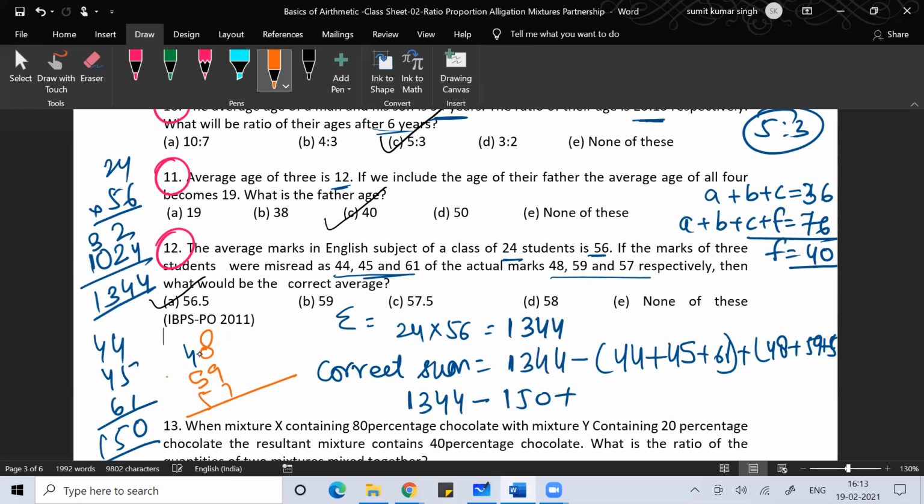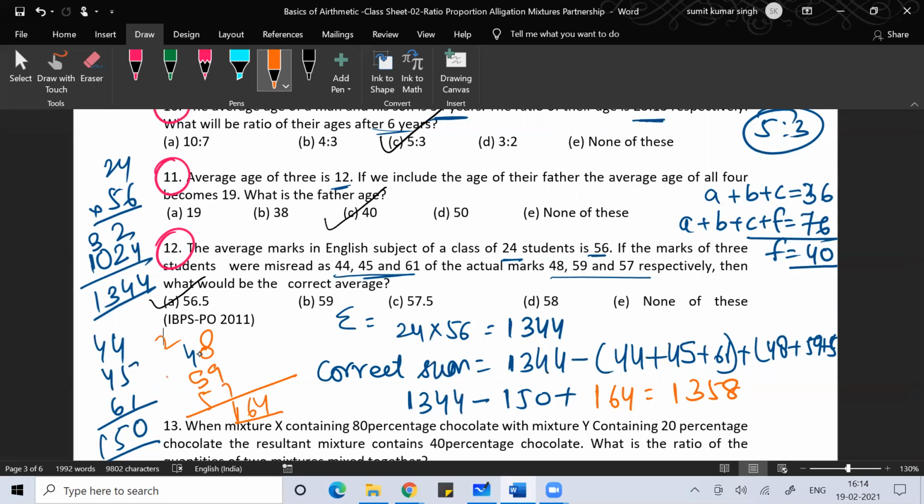So if you do the sum, 17, 24 to carry, this is 10, 14, 16, 164. So you do the sum, you get 1358. The correct sum you will get is 1358.